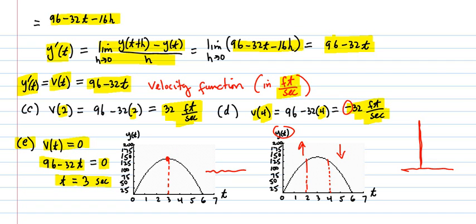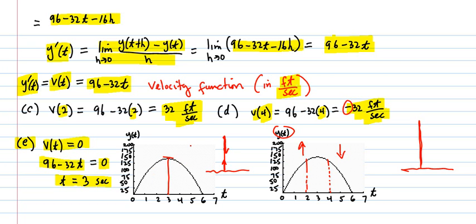And physically what happens there is here's the ground. The ball goes up, reaches 3 seconds, comes to a stop before it can come back down. It's going upward. It has to come to a stop, 0 velocity, before it can turn around and come back down. So it stopped gaining height right here at 3 seconds and then started coming down again.